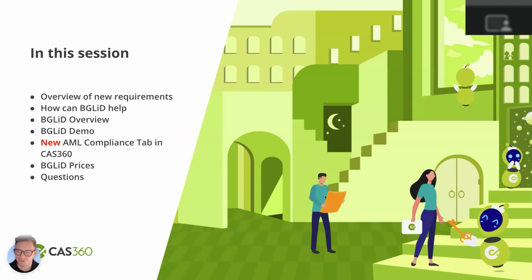We're showing some new software. This was just launched last week, our new AML compliance tab in CAS 360. So all of the software that I'm showing you today is live. It is in your software products today, not coming soon, today. It's there. I'll cover off on the BGLiD prices and attempt to answer every question.